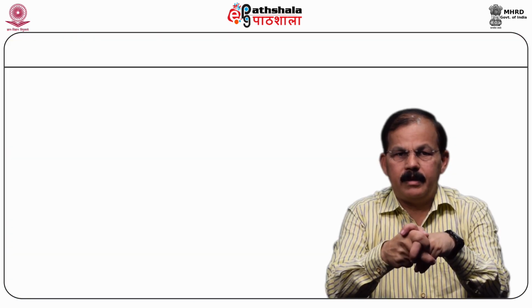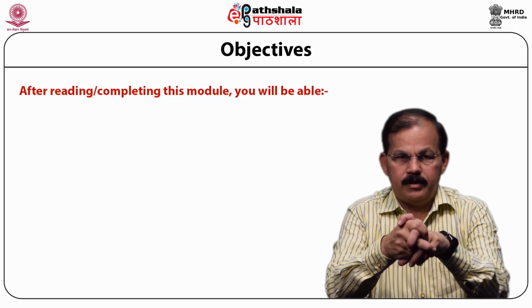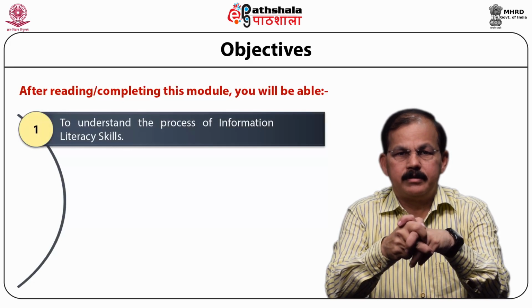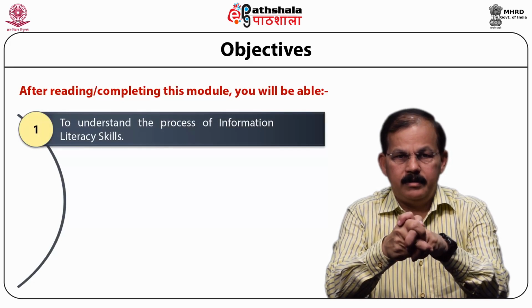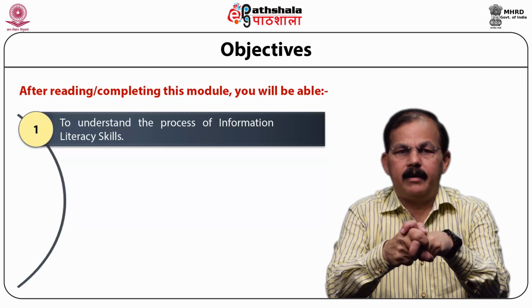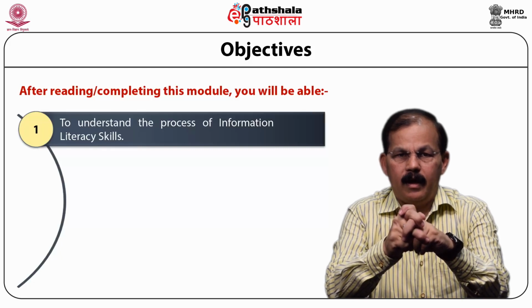This presentation has been developed with the following objectives. The first objective is to understand the process of information literacy skills. Means after knowing the different models of information literacy, you will be able to understand how information literacy can develop lifelong learning.